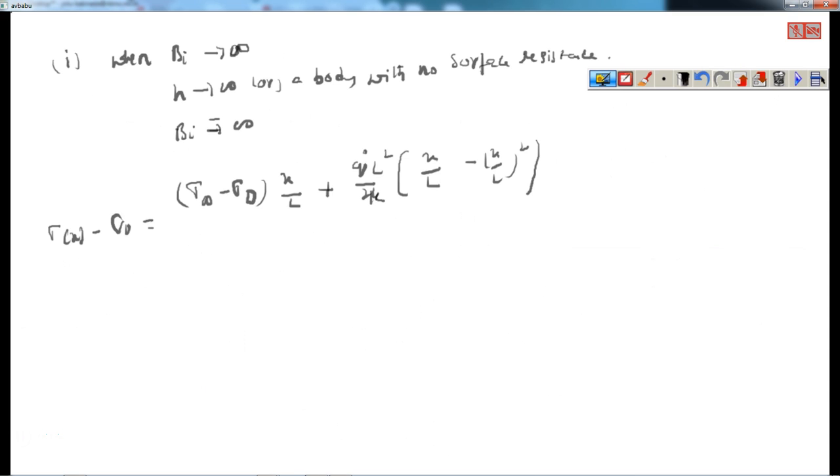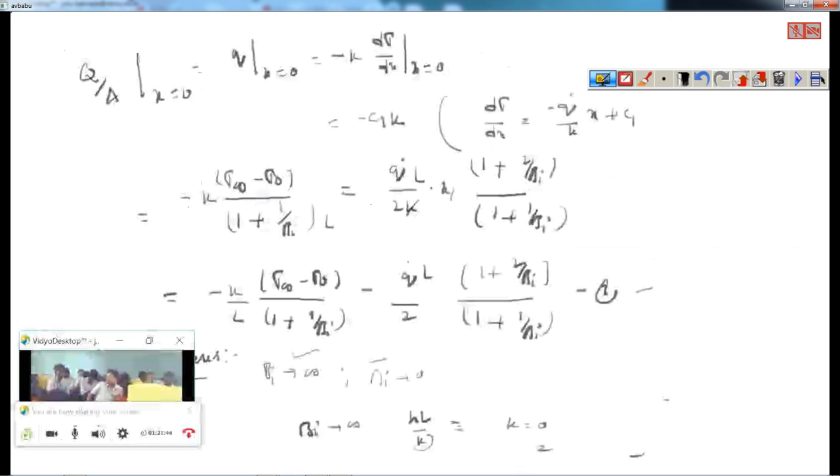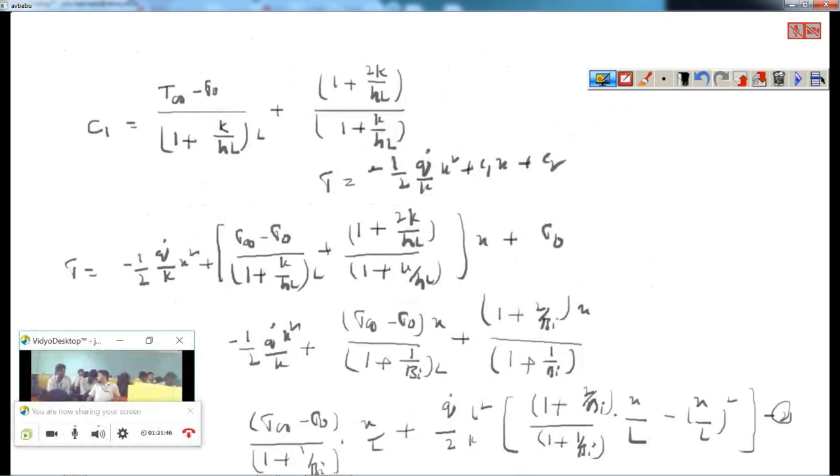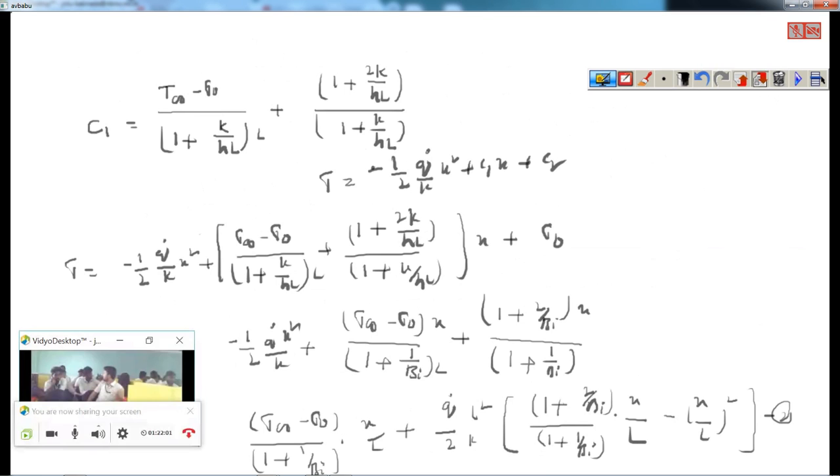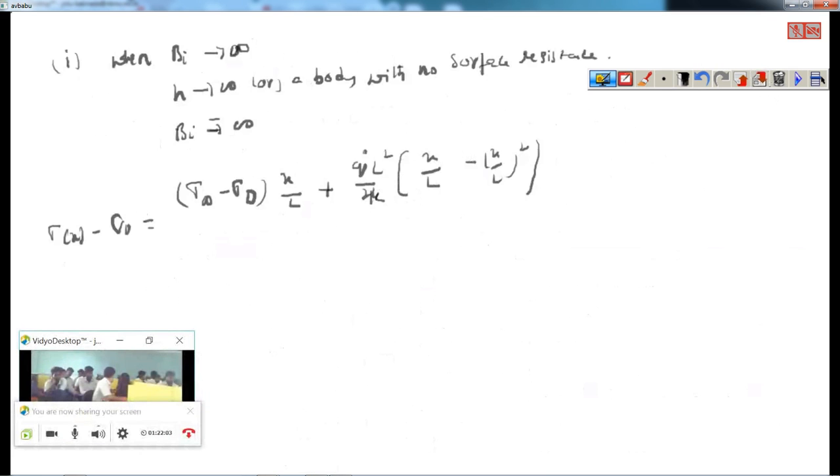So how did you get this one? I will tell you where the Biot number relations I have used here. In these equations, Biot number is there, therefore T infinity minus T0 by 1 plus 1 by Biot number. Biot number is equal to infinity, so 1 by infinity is equal to 0, and this becomes 1.